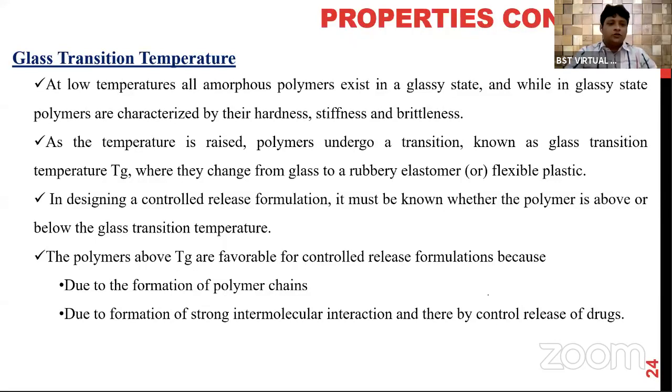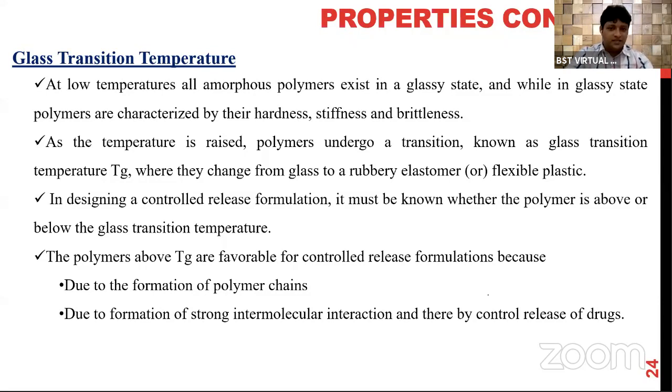Now coming to this slide, you can see that at low temperature all amorphous polymers exist in a glassy state. While in the glassy state, the polymers are characterized by their hardness, stiffness, and brittleness. When you evaluate a glass physically, what are the things you see?